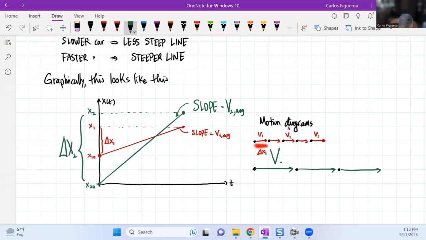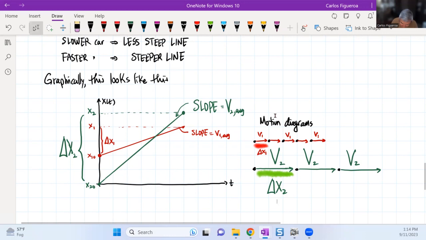In this case, the displacement covered between the dots is very large. The motion diagram and the graph mean the exact same things here. There's no difference between the two.